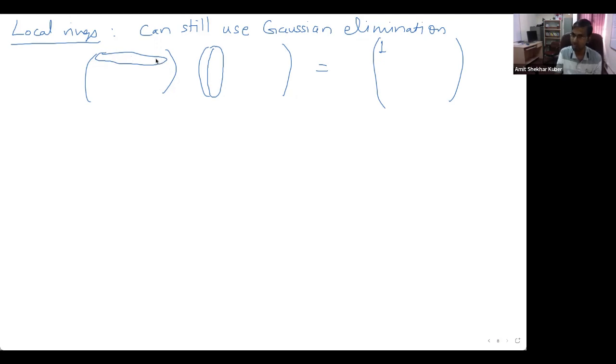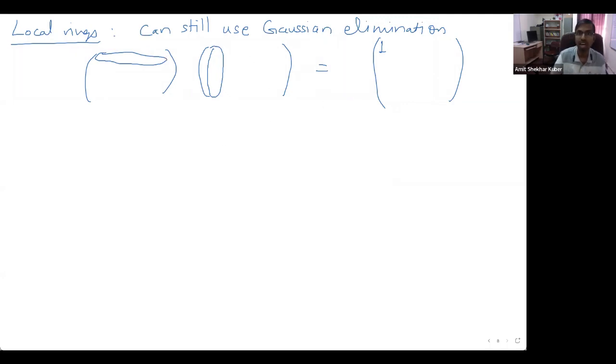If all of them are not invertible, then they lie in the unique maximal ideal. The unique maximal ideal consists of all non-invertible elements. So they will all lie in that Jacobson radical, and therefore any multiplication is going to land inside the Jacobson radical, but 1 doesn't lie in the Jacobson radical. So there must be at least 1 unit in the first row, and you can argue in exactly the same way for every row and every column.